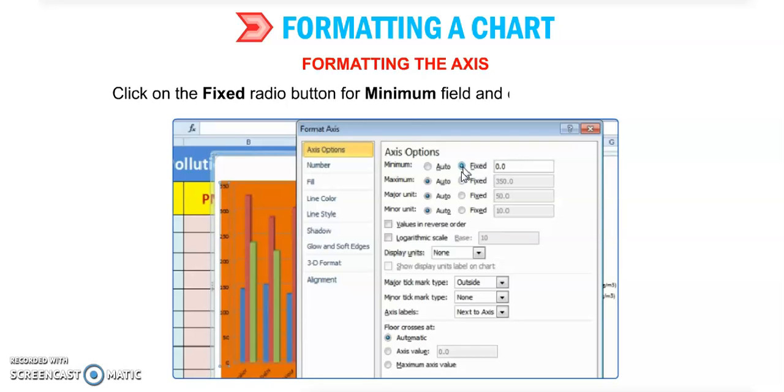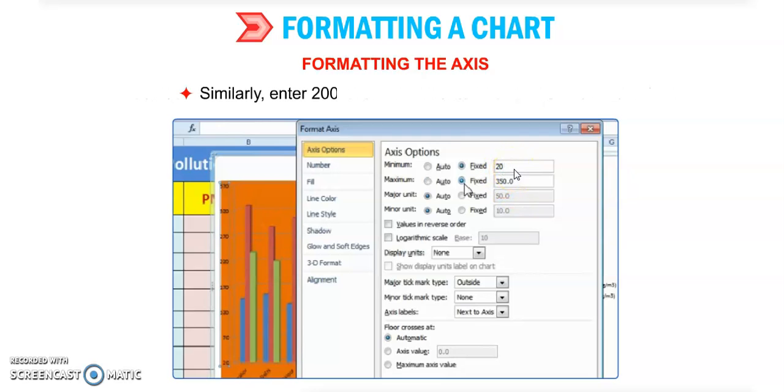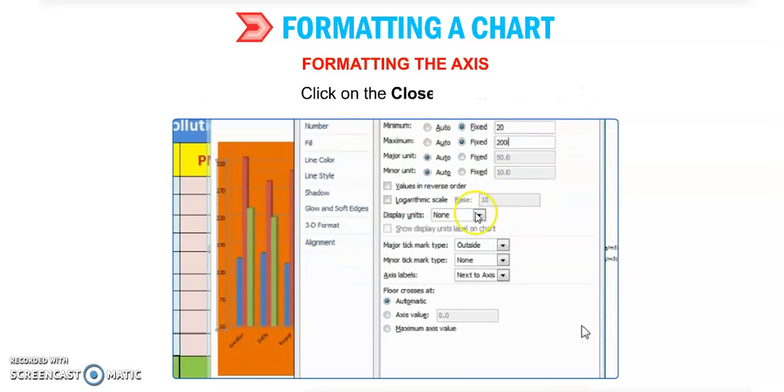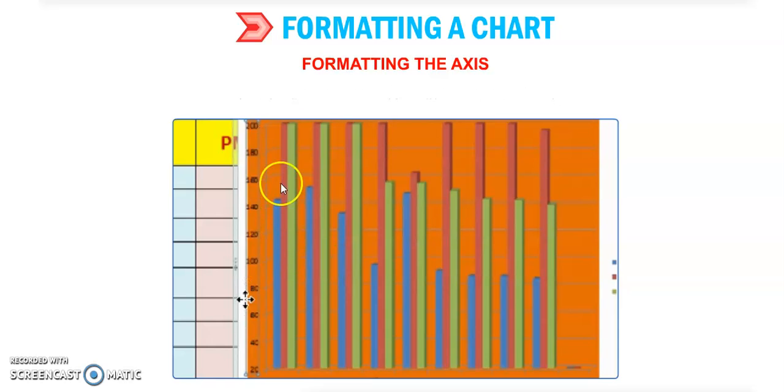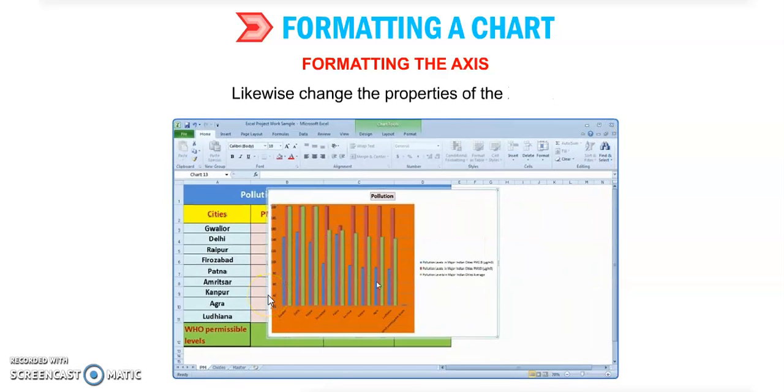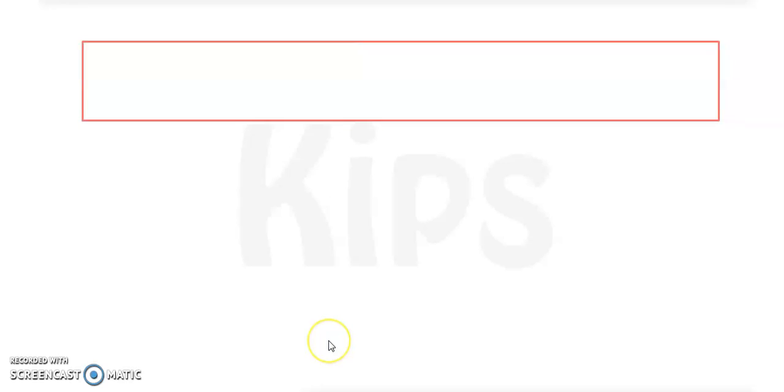Now click on the Fixed radio button for the minimum field and enter 20 in the text box. Similarly, enter 200 in the text box of the maximum field. Then click on the Close button. The scale on the chart changes accordingly. You can see here. Likewise, change the properties of the x-axis.